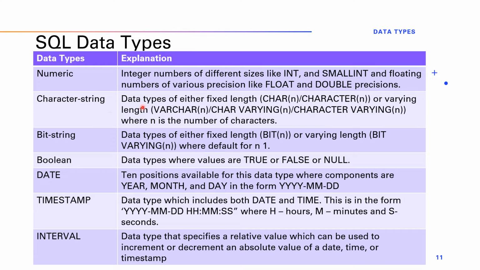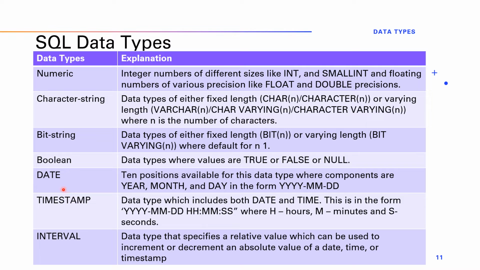Character string data types of either fixed length, char(n), or varying length, varchar(n), where n is the number of characters. Bit string. These are data types of either fixed length, bit(n), or varying length, bit varying(n), where the default for n should be 1. Boolean. Data types where values are either true or false or null.